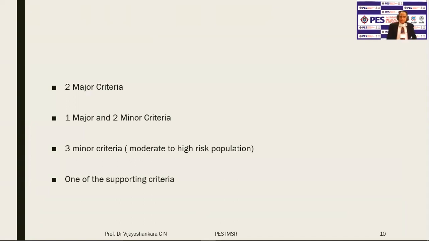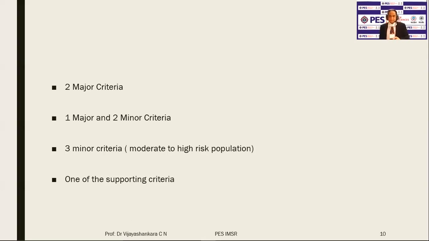So now once we know the criteria, if two major criteria are present, then the child is definitely suffering from acute rheumatic fever. Or it could be one major and two minor criteria. Any one of the major criteria plus any two minor criteria, yes, the child is definitely having acute rheumatic fever.